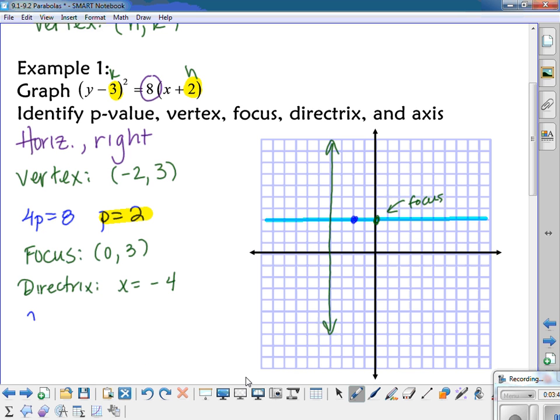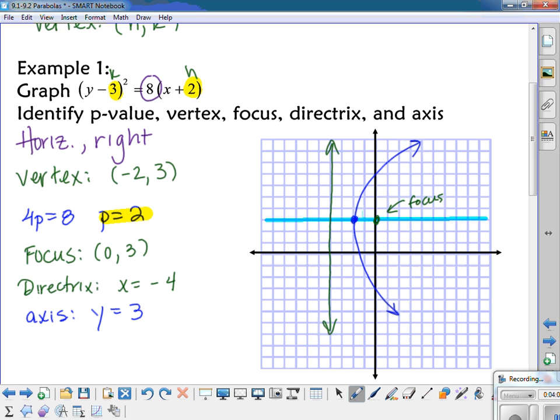So the axis of symmetry is y equals 3. And so at this point, I know it's curving that direction. I can just sketch the graph of the parabola. So for these, I'm not worried about you plugging in points. You can just sketch the graph just so you have it going the right direction and you have your focus and your directrix in the right place.